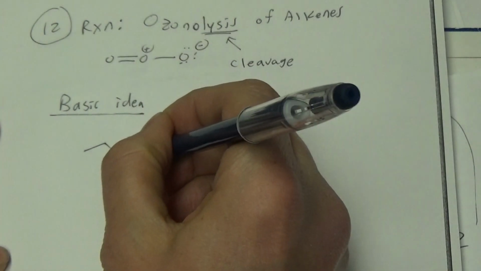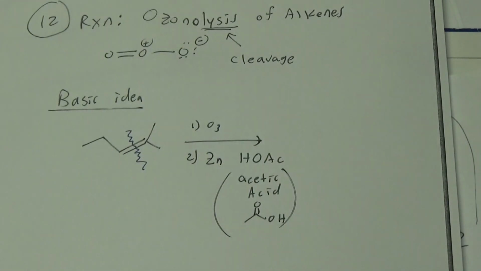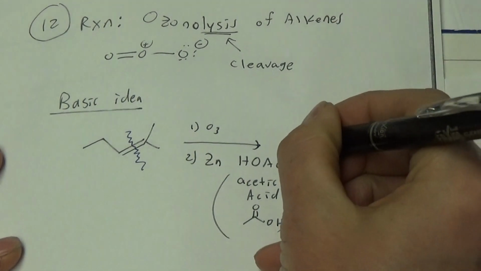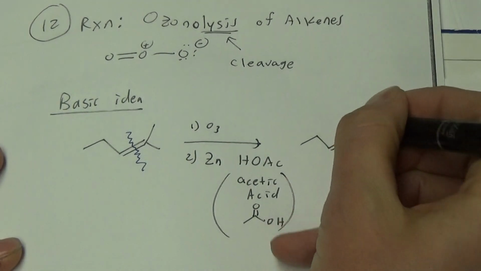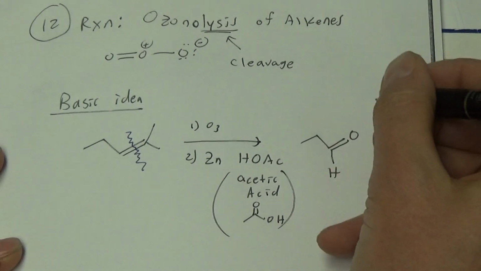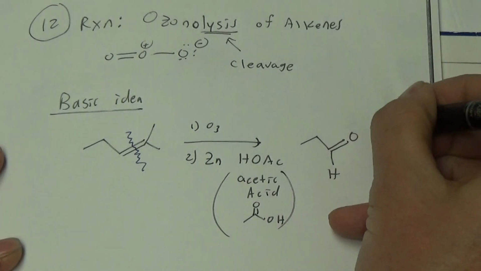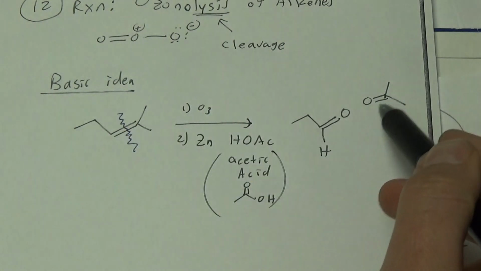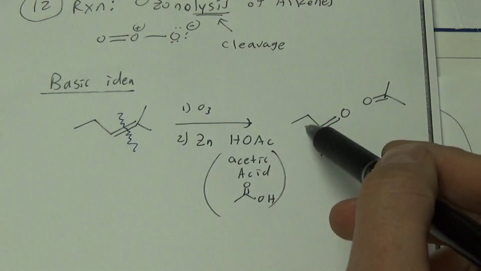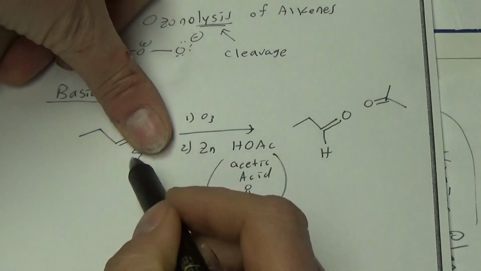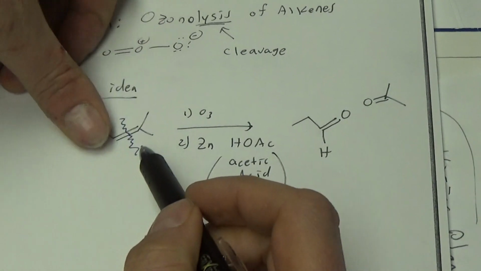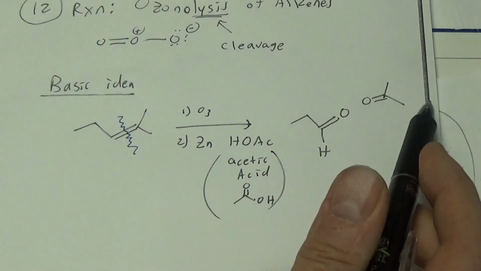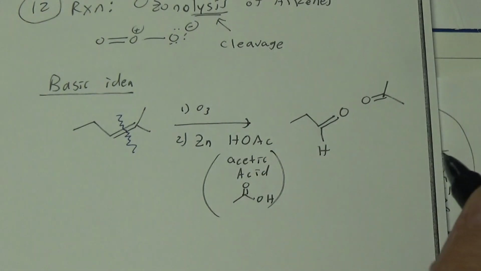It just snips the bond in two, and so you get cleavage of the C=C bond, and that gives you two carbonyls. One becomes an aldehyde, and the other becomes a ketone. So it just snips the bond in two.